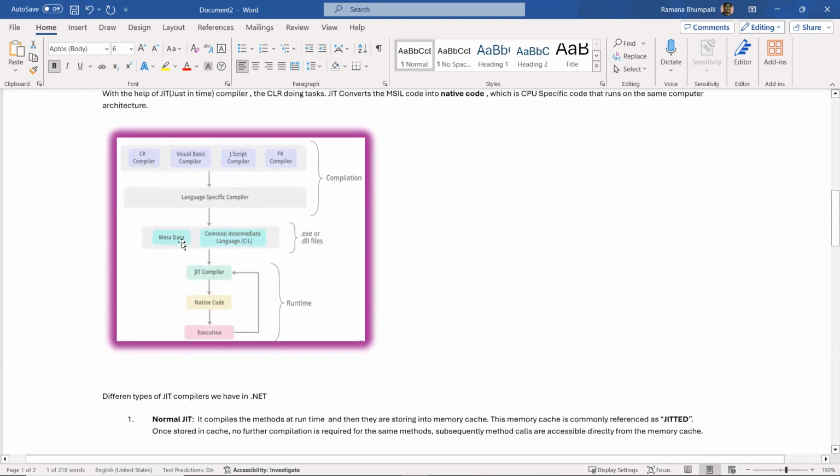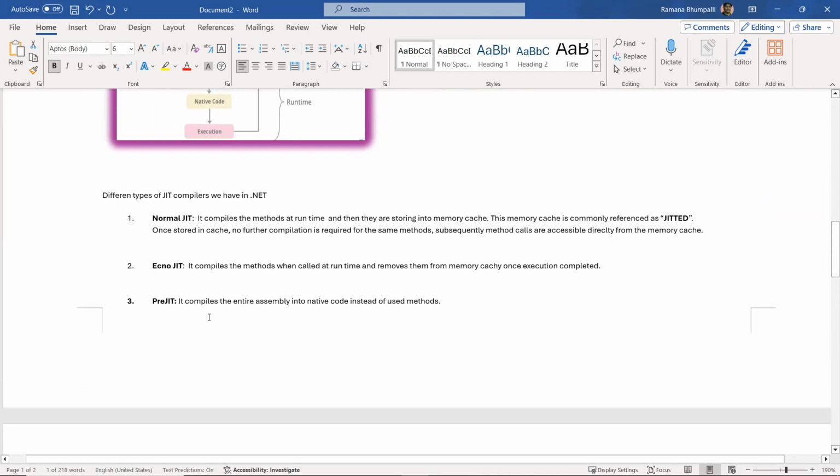Along with that, it gives metadata to describe the exe, what methods it has and what parameters it has. Metadata is nothing but data about data, a description of the code and the program. This entire thing gets passed to the JIT compiler. The JIT compiler comes into the picture, and based on the type of program you are writing, it activates these three compilers. This one is for methods, but not caching. This one is for the entire assembly.